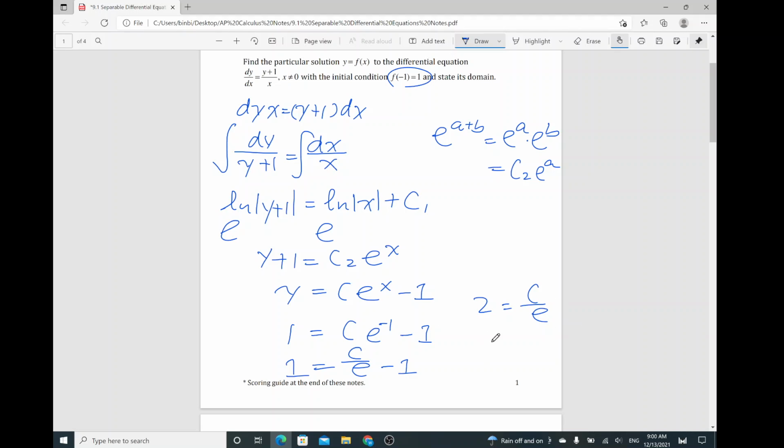Solve for c, so c equals 2e. For the equation, we want to rewrite it in terms of the constant and the variable. It is written as 2e times e to the power of x minus 1. In other words, 2 times e to the power of x plus 1, minus 1. That would be the original equation.